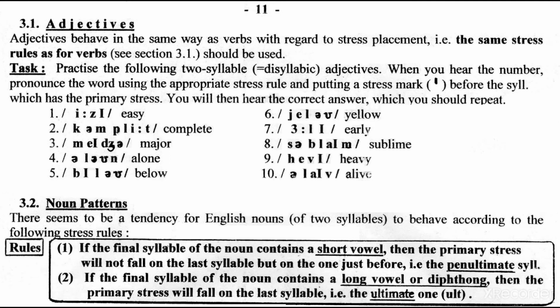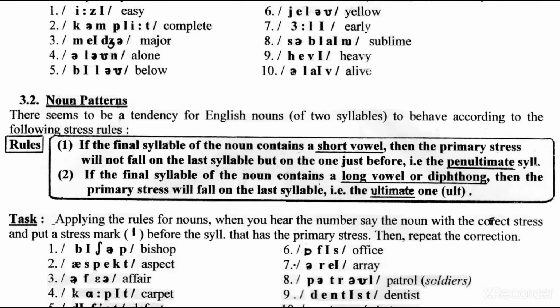Rule 1B says if the last syllable contains a short vowel plus 2 consonants, the stress is on the ult. And finally, rule 1C says other cases. If we don't have 1A and 1B, any other case, the stress is on the penult, that is the second from the end. So this rule is devoted to verbs and adjectives of 2 and 3 syllables. Now we move to rule 2.